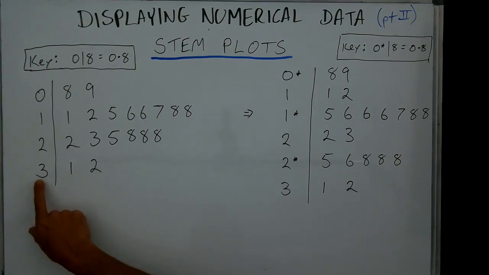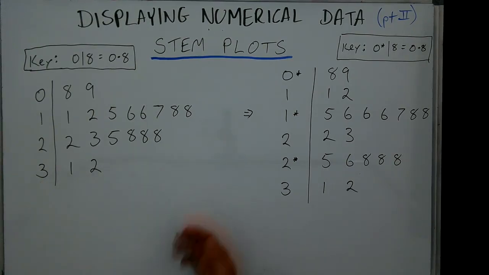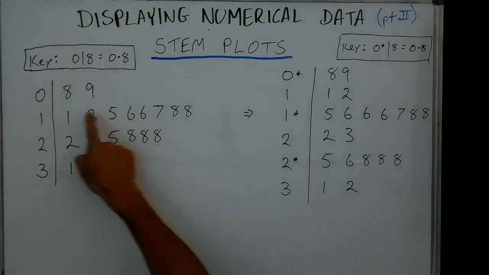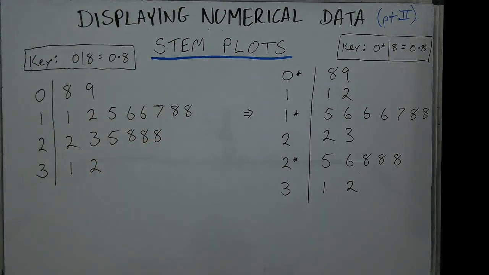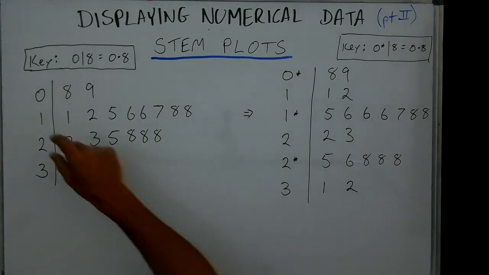We still know that 3.2 was one of the original collected data scores. When we group things and we just count how many things are in each group, we sort of lose what all the scores are, but we get an idea of how many scores are in each grouping.